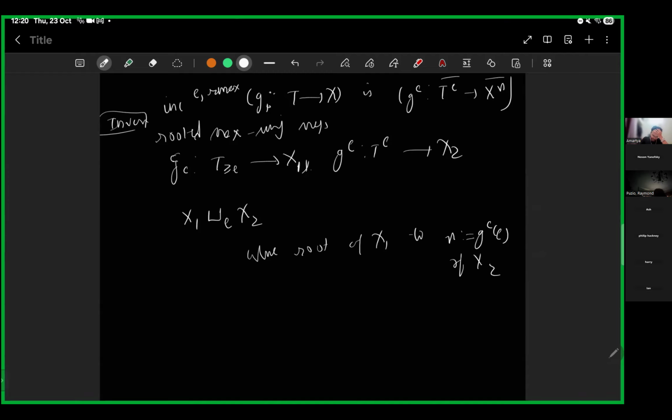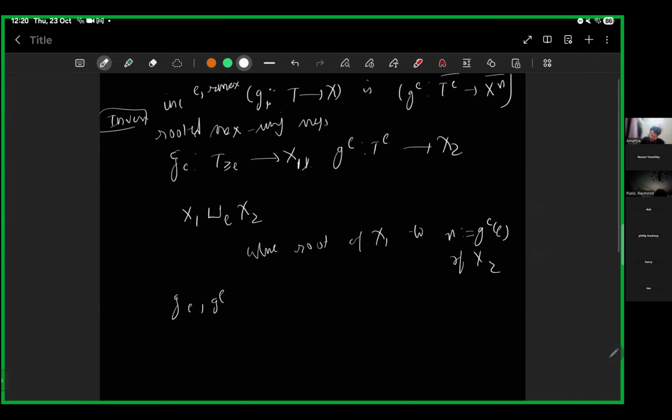These G_e and G^e induce a rooted max surjective map to T2.